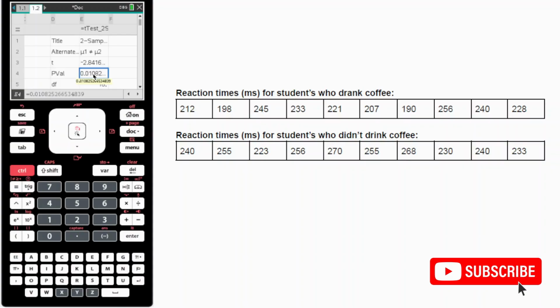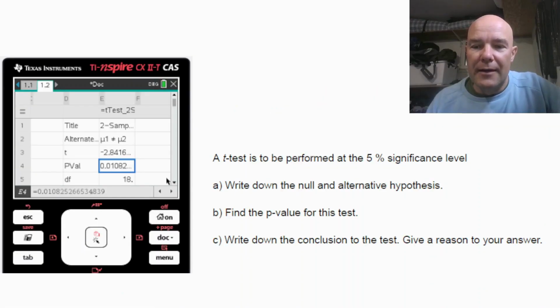Now you can maybe pause the video a little and think, what will be our conclusion if the p-value is 0.0108 when the level of significance is 0.05? Looking back at our question, we can see the level of significance being 5%. Find the p-value for this test, write down the conclusion, and give a reason for your answer.